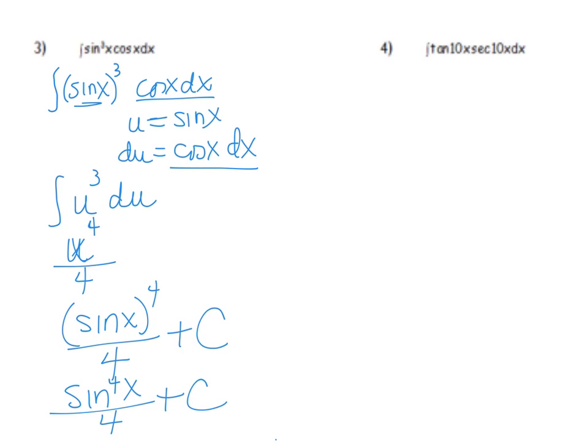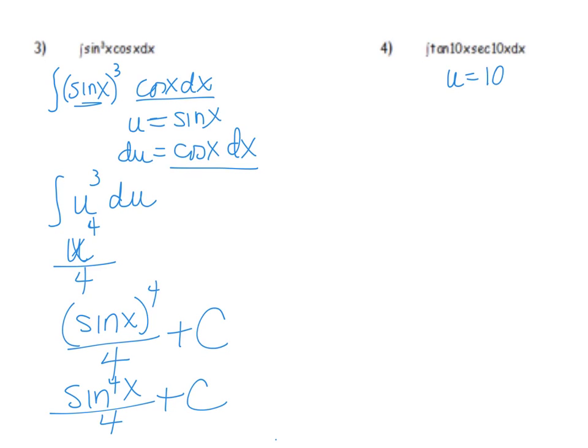Okay. Now, on the next one, we have the integral of tangent 10x secant 10x dx. We know that the integral of tangent u secant u is secant u. So we know we have that already. So we suspect then that our u is going to be 10x.